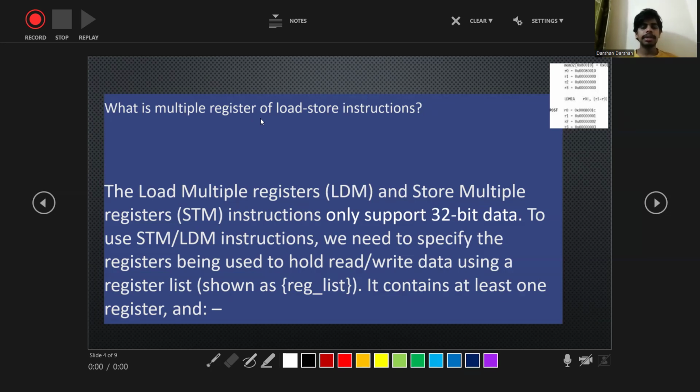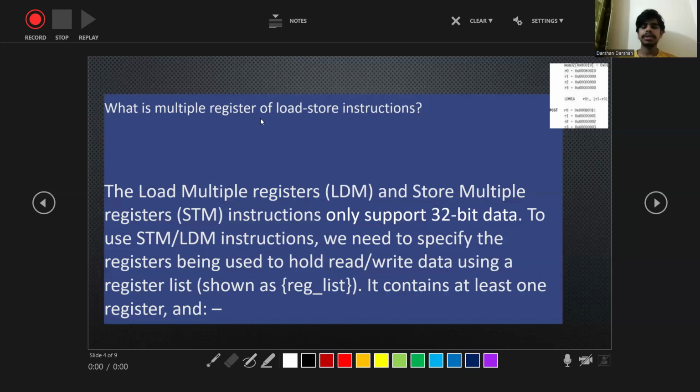The load multiple registers LDM and store multiple registers STM. The load multiple register instruction only supports 32-bit data. To use STM or LDM instructions, you need to specify the registers being used to hold data to read or write, using a register list.